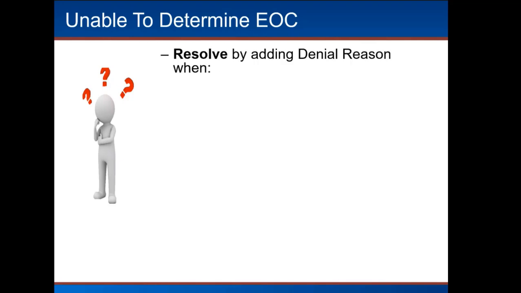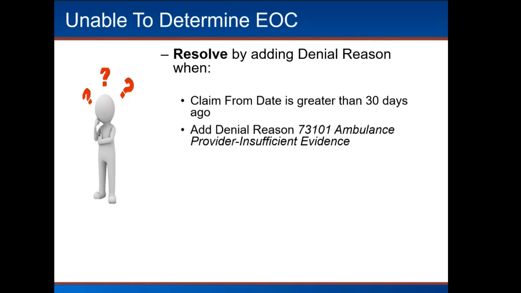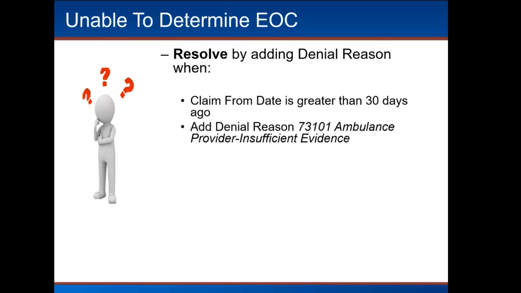We can take a resolve action when the claim from date is greater than 30 days ago. We can add the denial reason 73101, ambulance provider insufficient evidence. Now, as I stated, this is after all research has been conducted and all resources exhausted to determine or define that episode of care.